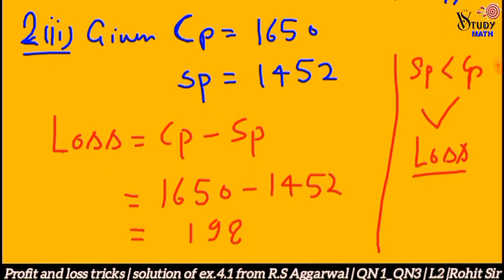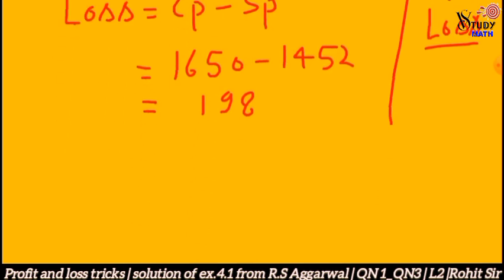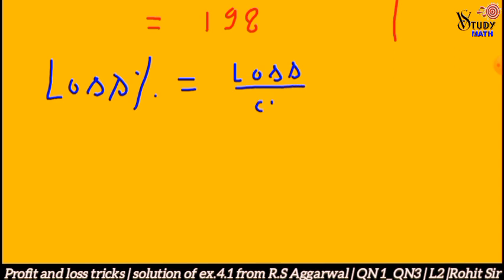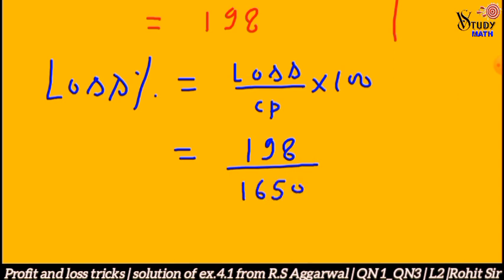So this is our loss. Now apply the formula of loss percent: loss upon CP into 100. Then 198 upon CP, which is 1650, multiply 100.